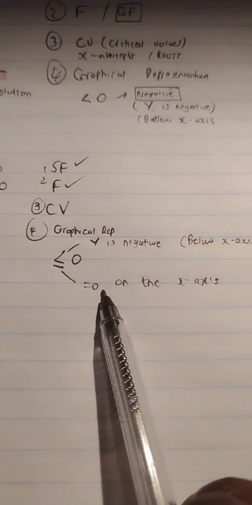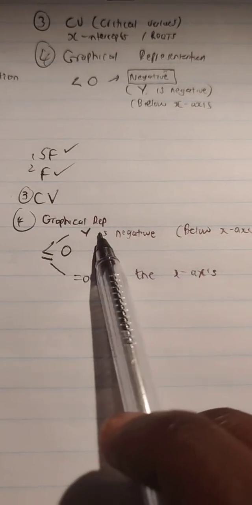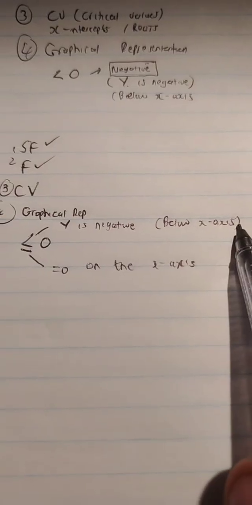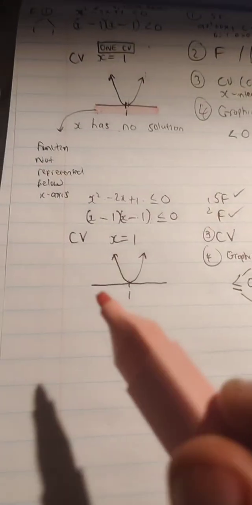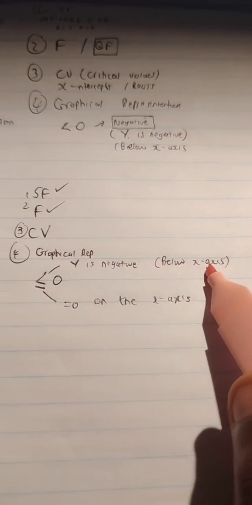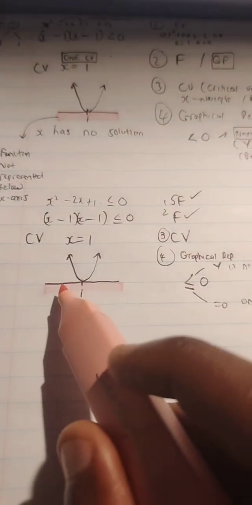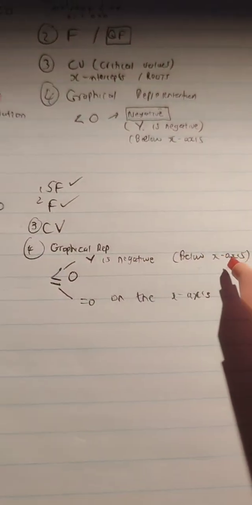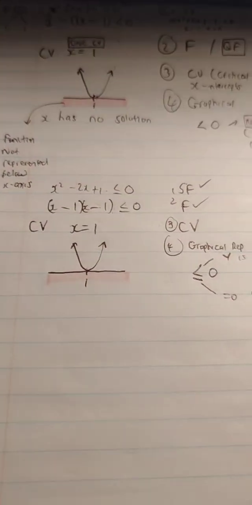Let me repeat this again. Less than 0 means where y is negative, in other words, where the function is below the x-axis. So if we are looking at this function, below the x-axis means this region. Is there a place where the function is below the x-axis? Once again, no. There is no place where you can see the function being below the x-axis.